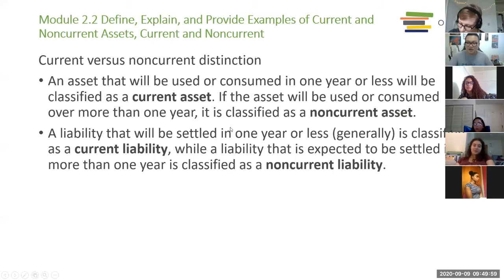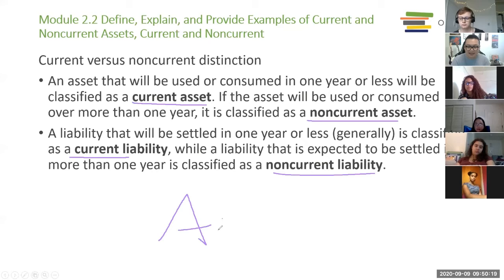And then we need to talk a little bit about current asset, non-current asset, current liability, and long-term liability. These things should be very easy. We are actually going to talk a lot more about these in our next chapter when we talk about inventory, when we talk about asset.